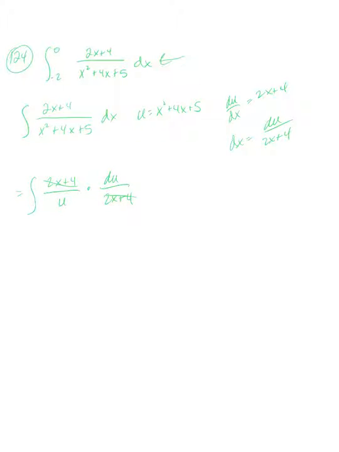So my 2x plus 4's cancel, and this is the integral of 1 over u du, which I know is the ln of u plus c. And then I'm going to plug in my u, x squared plus 4x plus 5. The ln of x squared plus 4x plus 5 plus c.